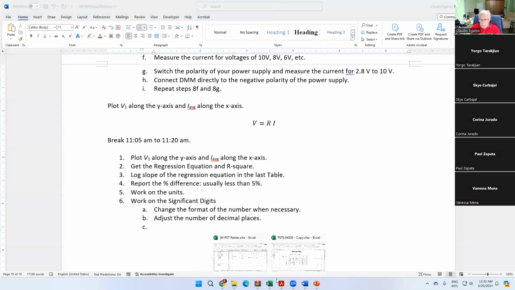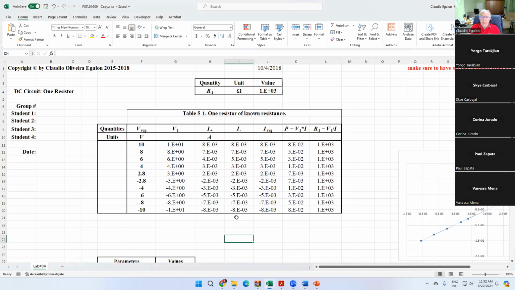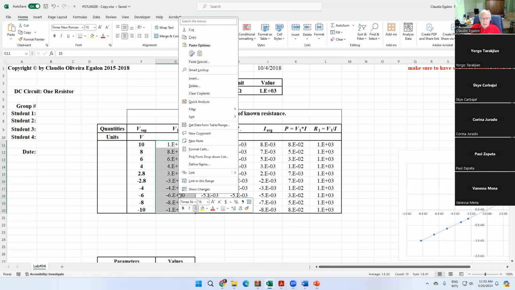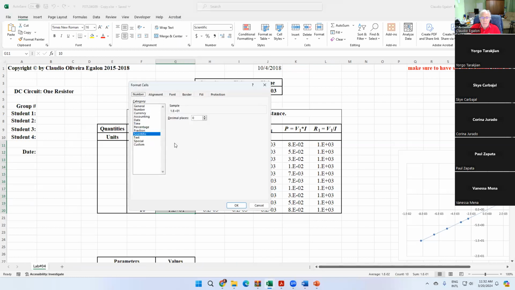Those numbers are more than 1,000, so you can put them in numeric format. And then you have to adjust.